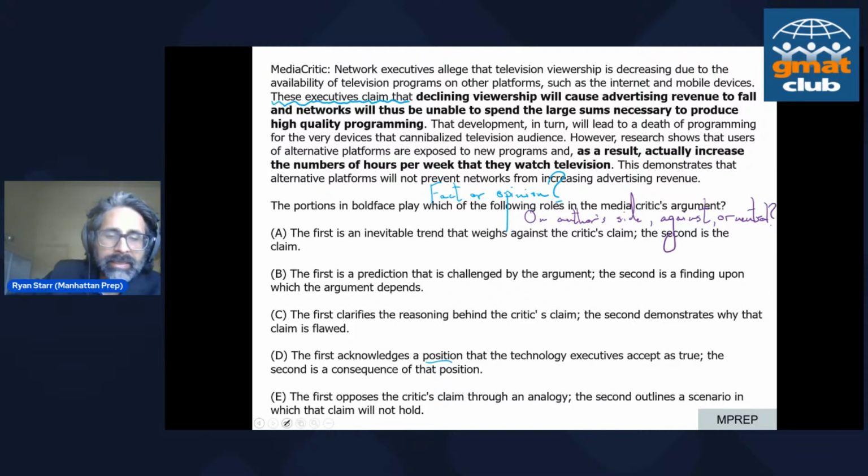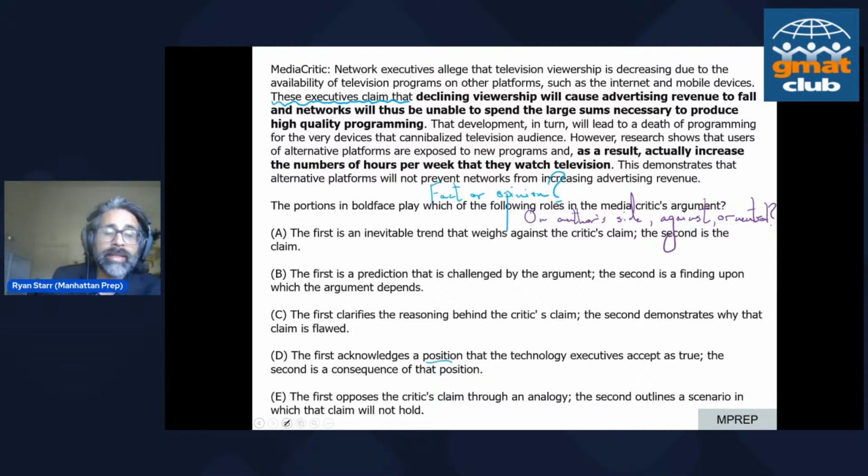The previous sentence starts with a however, so it's marking a change in direction, but then it also goes on to say research shows that, which means that previous sentence cannot be a conclusion. Conclusions aren't going to be prefaced with things that make them seem like facts, like research shows that, right? And so this last sentence basically has to be the author's conclusion because it's only from the however onwards that we're getting the media critic's whole argument, right?